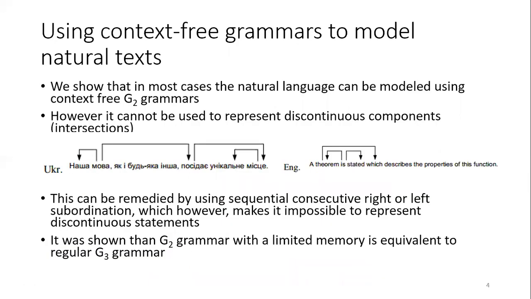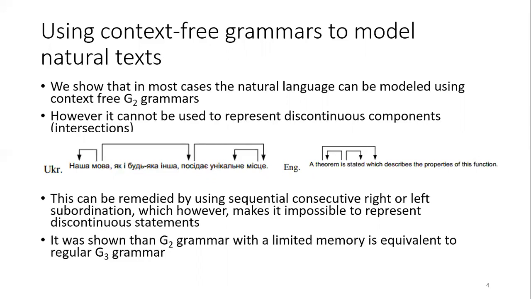In our work, we discuss the usage of context-free grammars, meaning G2 grammars, to model natural text. We show that in most cases, natural language can be modeled using context-free G2 grammars.